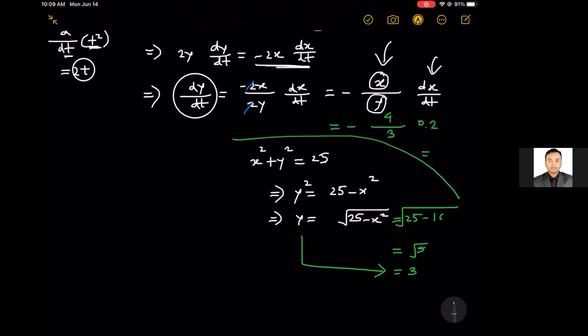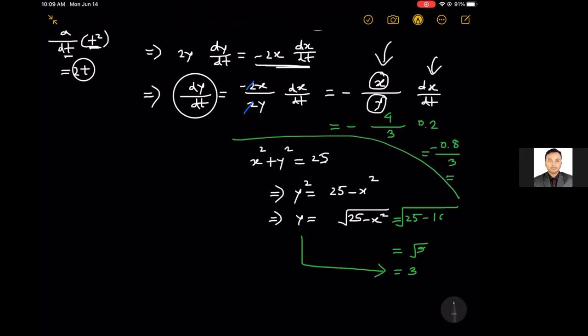If I use my calculator, I'll get 4 times 0.2, which is 0.8 over 3.